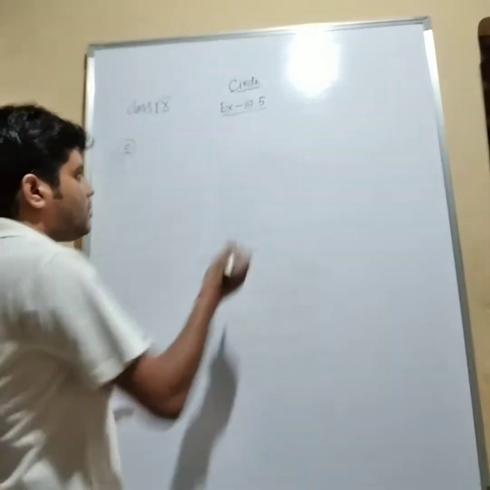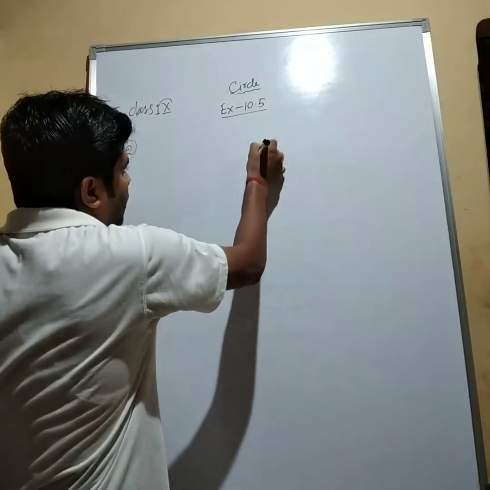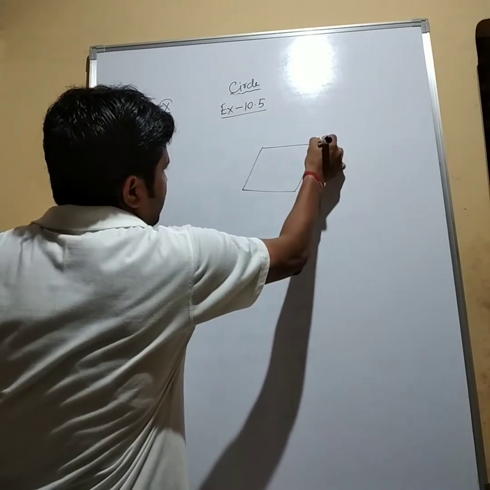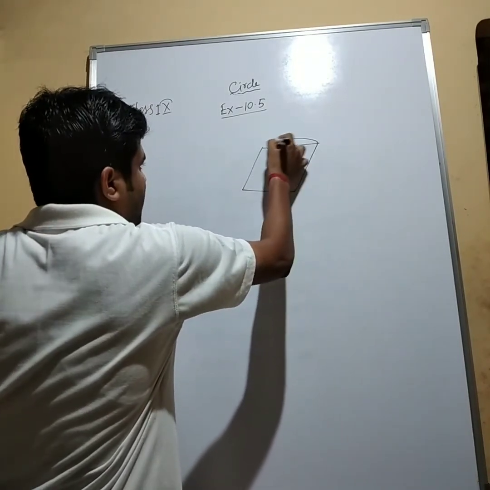That means this is a parallelogram. Since it is cyclic, there is a circle.